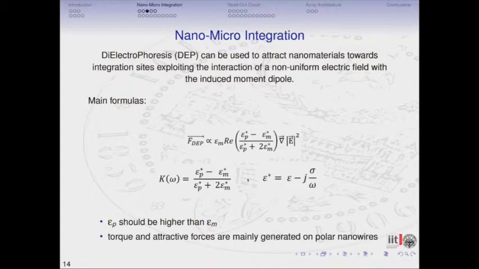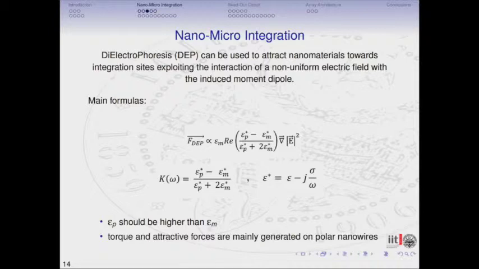You can attract this nanomaterial using this electric field. The electric field induces some dipole on your nanowires and generates some torsional and attractive force on the nanomaterials.